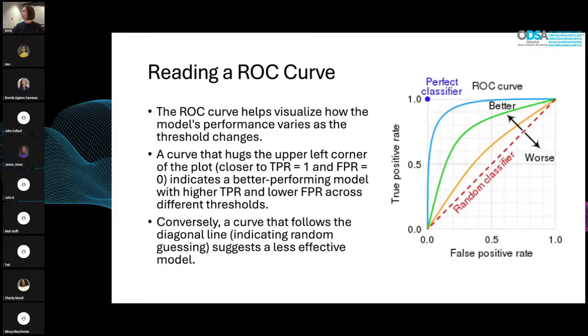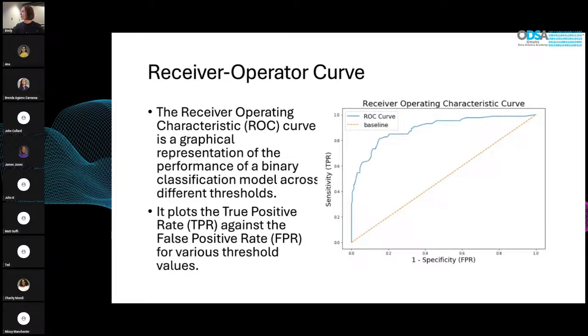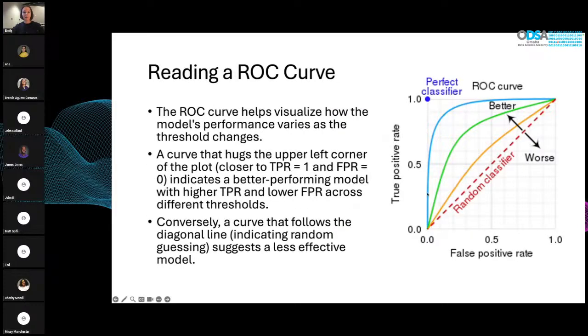Okay, so when you're reading these ROC curves, you may have noticed there's this orange dotted line down the center. Jumping ahead of myself a little bit, this is the third bullet point here, I'll jump back to these other two. The curve that follows the diagonal line in the middle represents random.